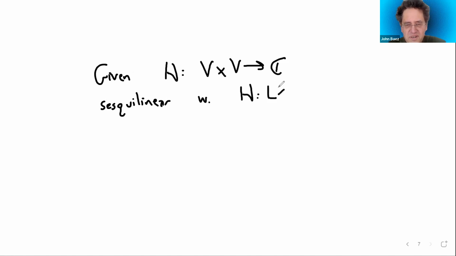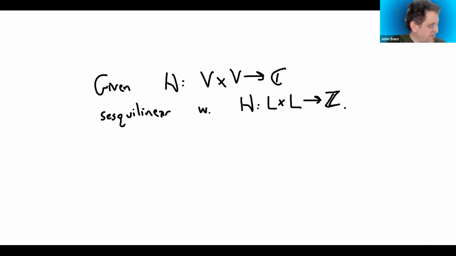So this is one description of a guy in the Néron-Severi group. So, well, of course, with sesquilinear things, if you're trying to be careful, you may want to worry about which side is the linear side and which is the conjugate linear side.